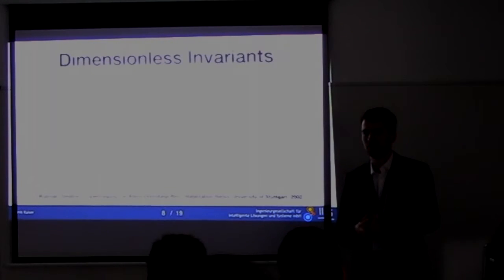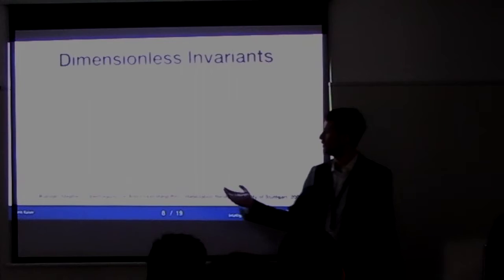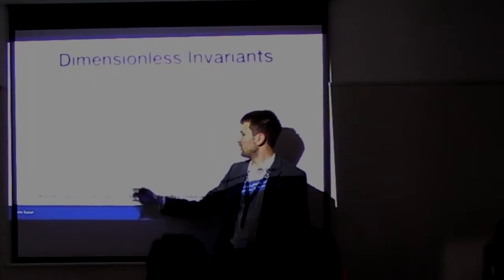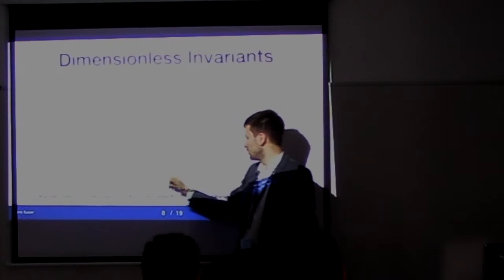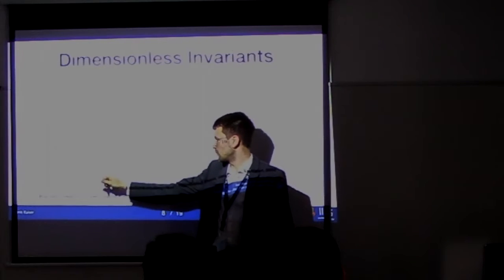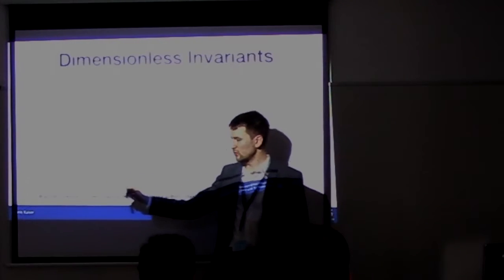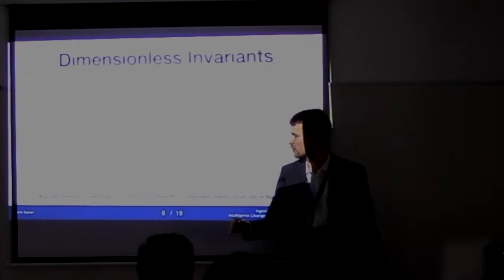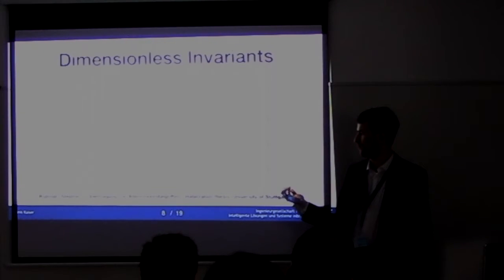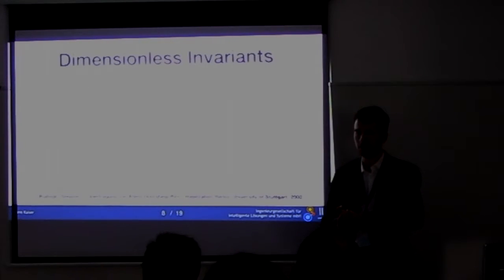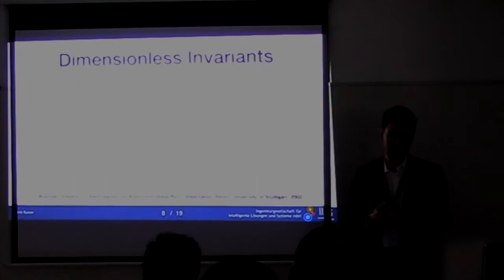And after we calculated these central moments, we use 3 of them, the 200 and the other 2, and then we can normalize the other values to have dimensionless invariants.